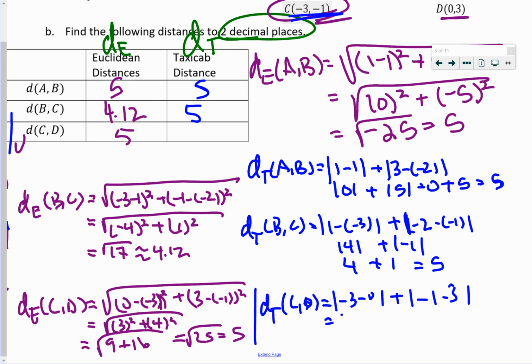Which would give me the absolute value of -3 plus -1 minus 3, which is -4. So this gives me 3 plus 4, which is 7. So here we get a bigger difference than we were getting in the past.